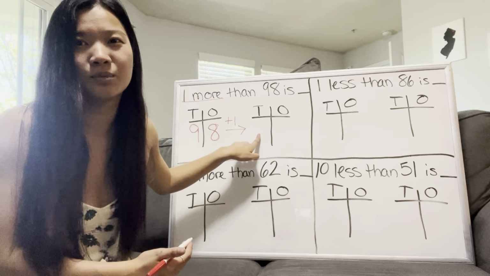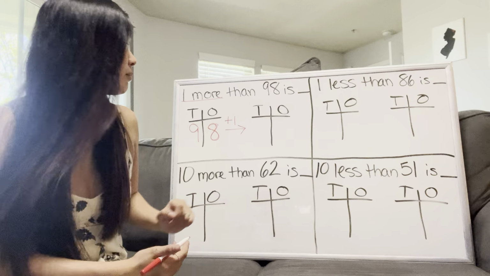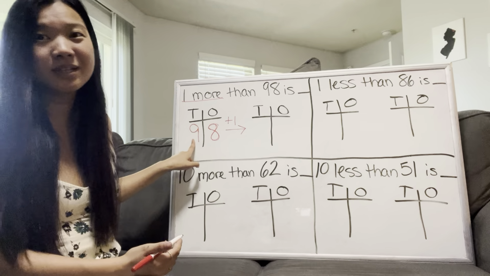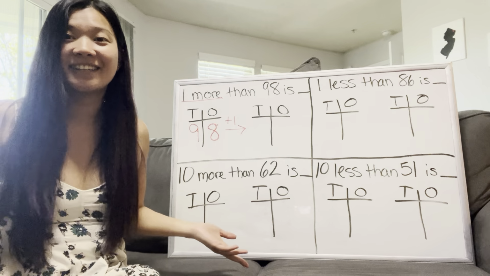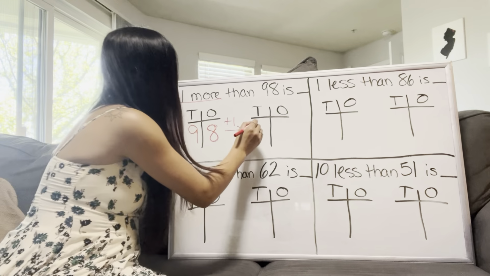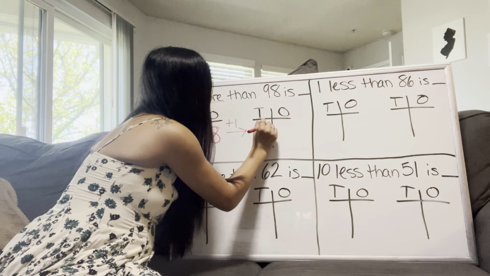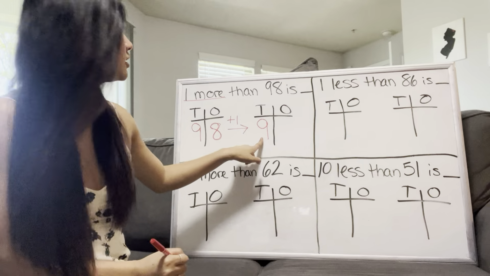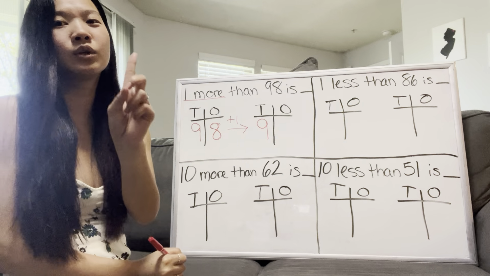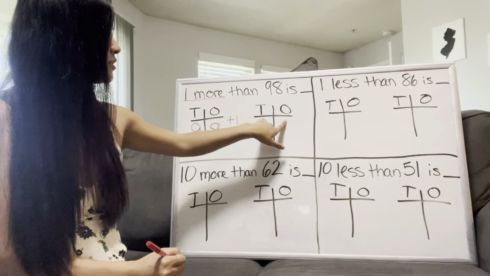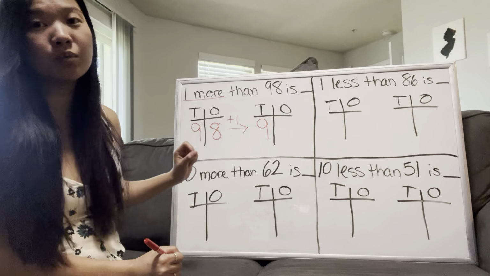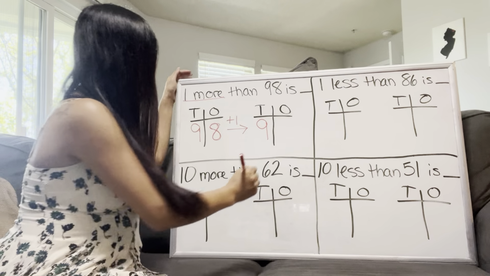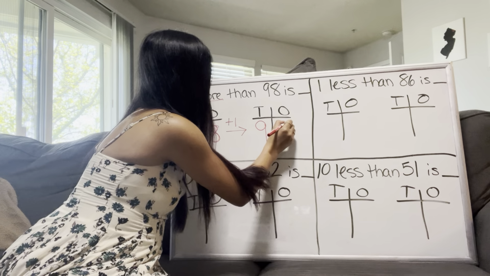And then I need to put in my next number. So if I'm adding 1, my tens place is not going to change, right? I'm not adding any tens, so that can just stay the same. But what I'm doing is I'm adding 1, so that ones place is going to go up by 1. 8 plus 1 equals 9.